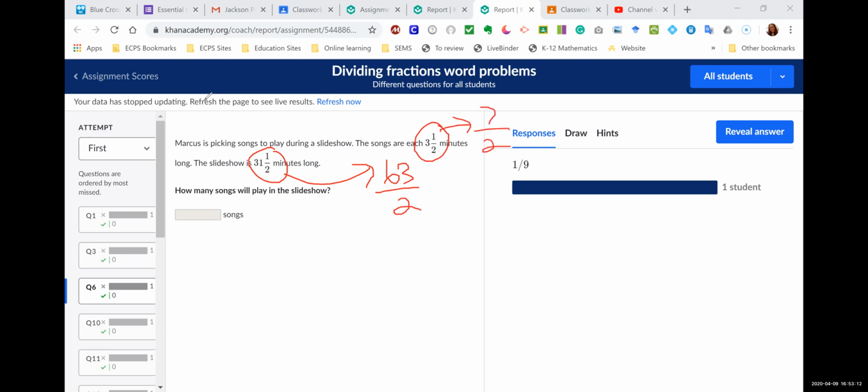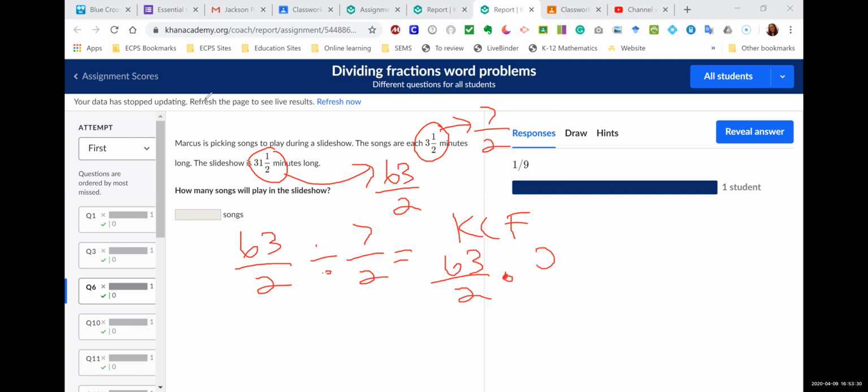So to figure out how many songs will be in it, I'm going to take the number of minutes in this slideshow and divide it by the number of minutes per song. And then I'm going to use my keep, change, flip method. So keep the first number, change to multiplication, and flip the last number. All right, so if I'm looking diagonally here, I'm noticing that there's a 2 here and a 2 here, which means I can divide them into each other.